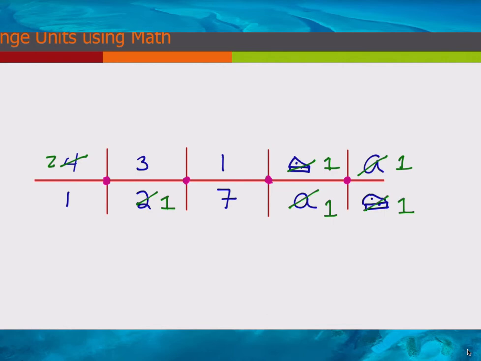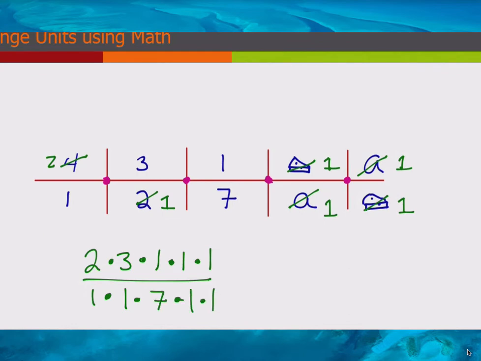Now, we're going to take and multiply all the numbers in the top. So you have 2 times 3 times 1 times 1 times 1 over 1 times 1 times 7 times 1 times 1.